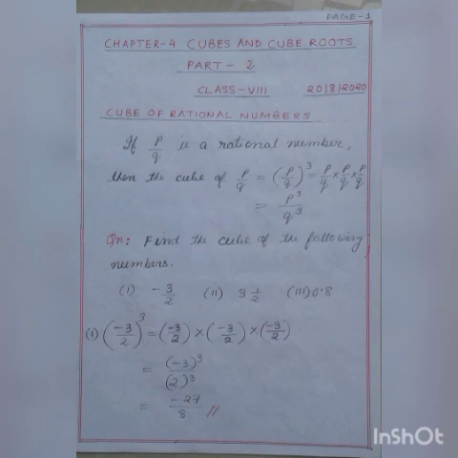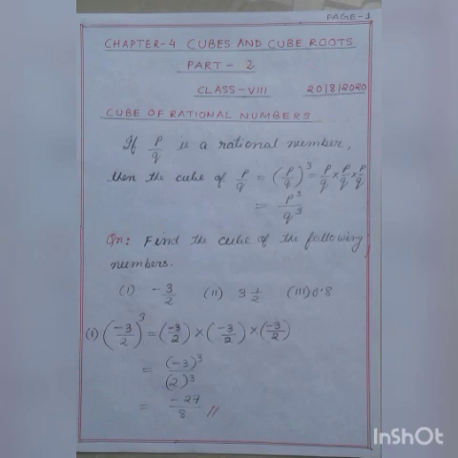Number 1, (minus 3 by 2) whole cube is equal to minus 3 by 2 into minus 3 by 2 into minus 3 by 2, which is equal to (minus 3) whole cube divided by 2 to the power cube, is equal to minus 27 by 8.